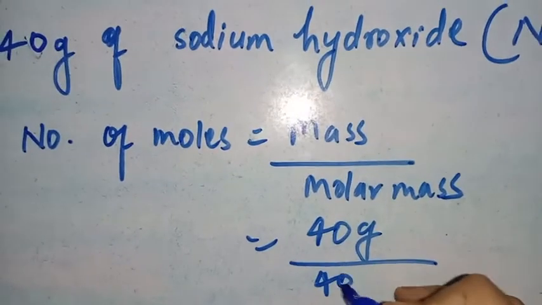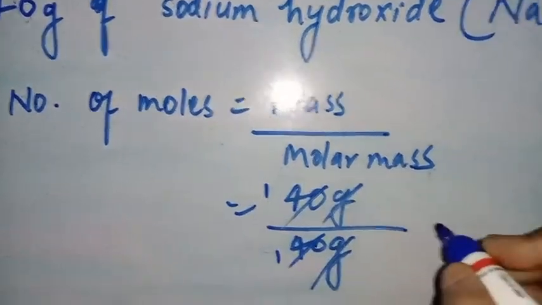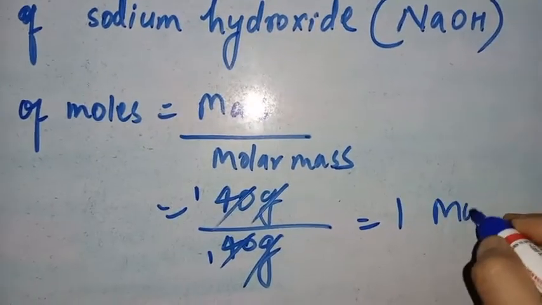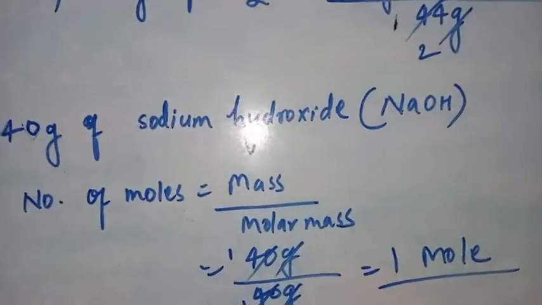We put this value here, 40 gram, cut, and we get 1 mole. So 40 gram of sodium hydroxide is 1 mole.